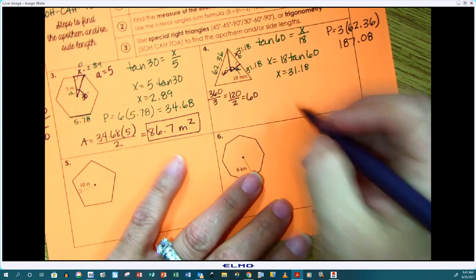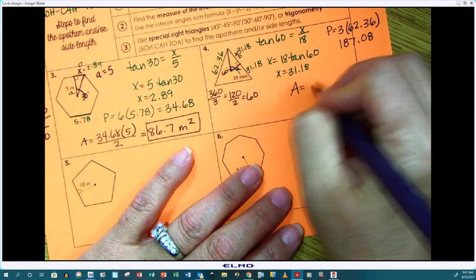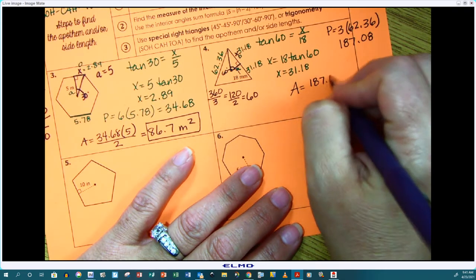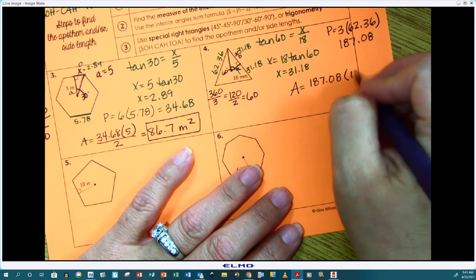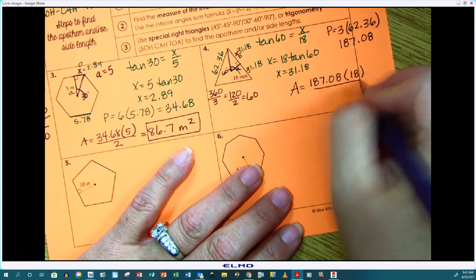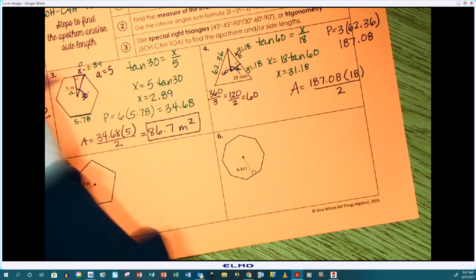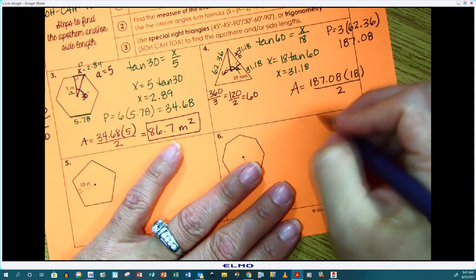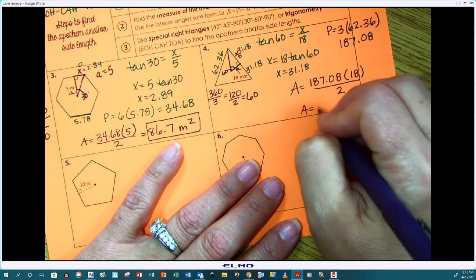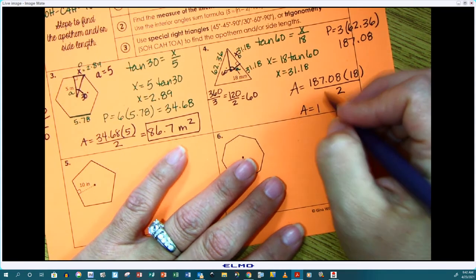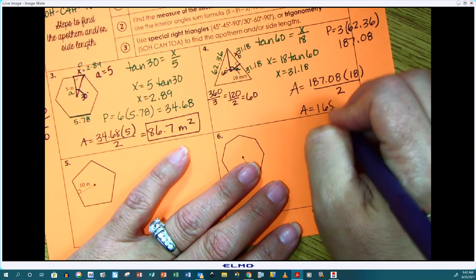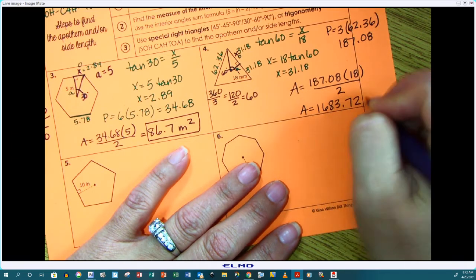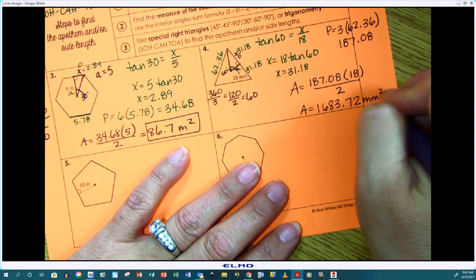So now I can do area is perimeter times apothem divided by 2. And I get 1,685.72 millimeters squared.